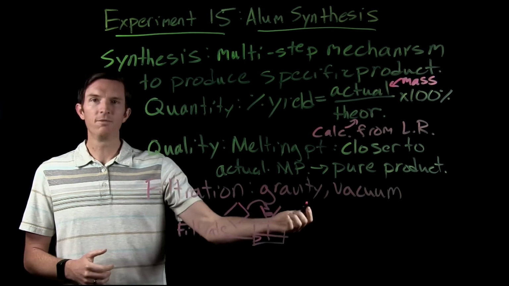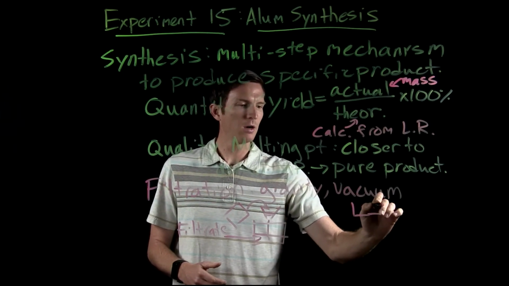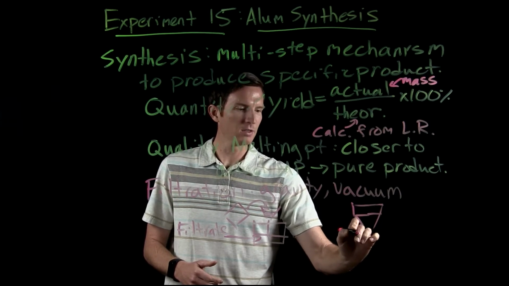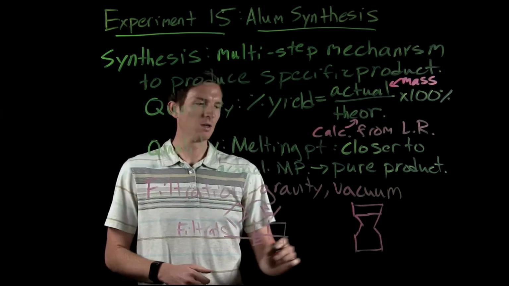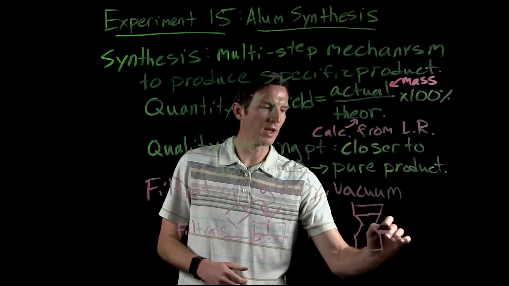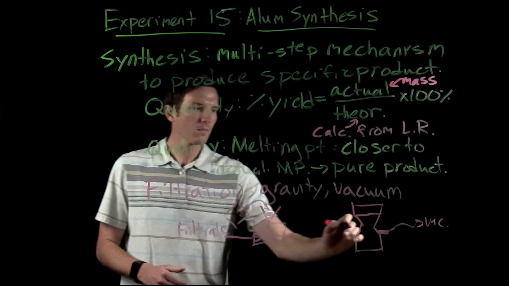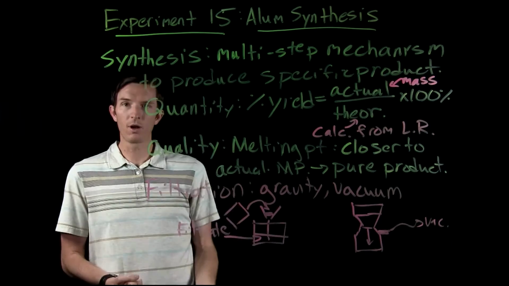Okay, when we're doing vacuum filtration, what we do is we have our Buchner funnel, okay, and then that runs into kind of our flask here. Okay, and then we have this vacuum flask that runs to our vacuum line, and we're going to again pull our liquid through.